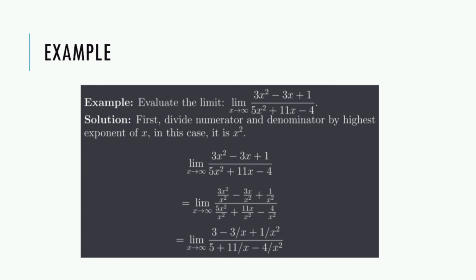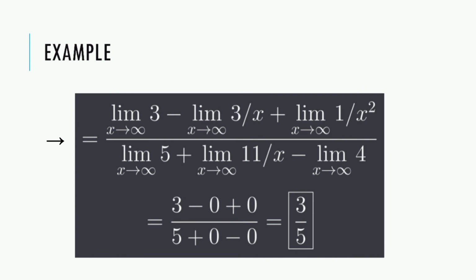As we do this, we do further divisions of the variables, and as we further simplify, we now have the limit of 3 as x approaches infinity minus the limit of 3 over x as x approaches infinity plus the limit of 1 over x squared as x approaches infinity all over the limit of 5 as x approaches infinity plus the limit of 11 over x minus the limit of 4 over x squared as x approaches infinity.